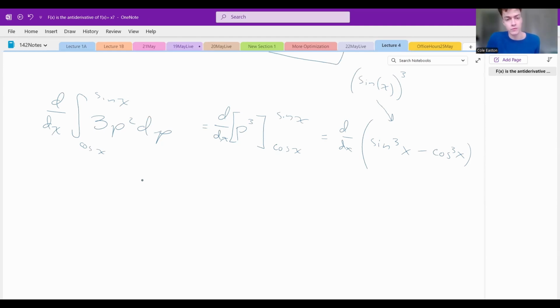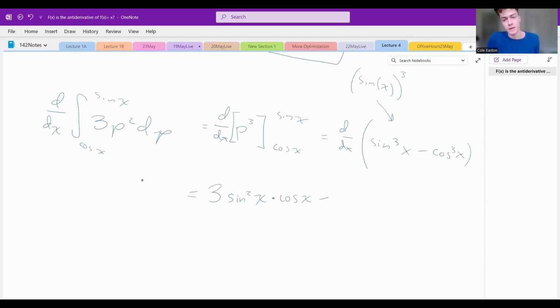Okay, now we're ready to evaluate the derivative. For the derivative of sine cubed of x, our outer function is just something cubed, so we do our power rule. That's going to be 3 times sine squared of x, and then we multiply by our inside derivative, the derivative of sine, which is cosine of x.